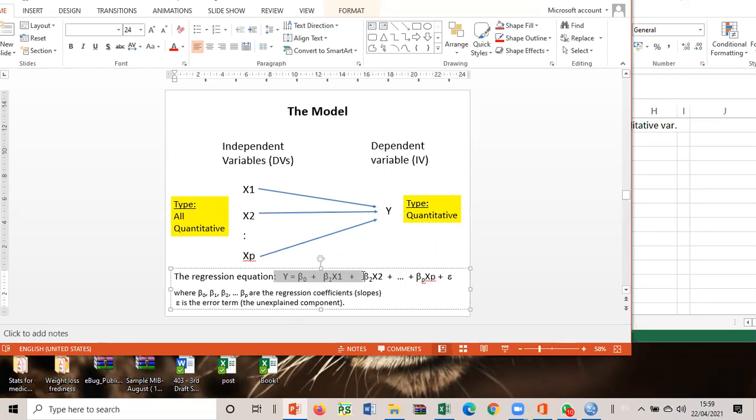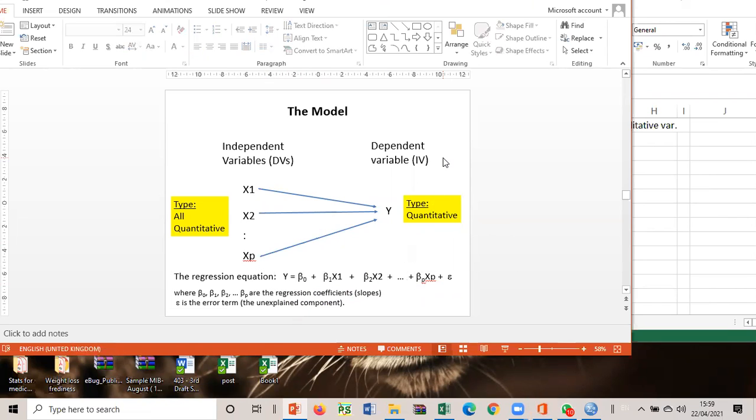That means R square will increase, right? Yes. One variable explains 40%, another explains 10%, another explains 5%. So your R square will increase and the predictive model becomes better. Here again, all must be quantitative.